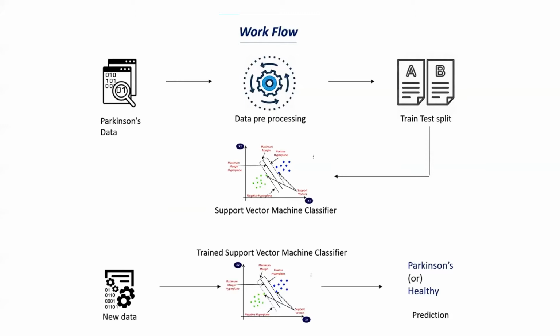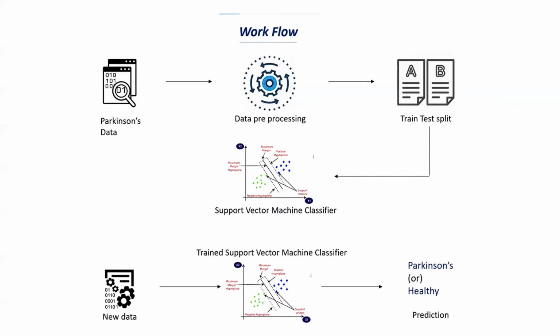Once we train this SVM model with the training data, we will evaluate this model using the test data. Once you evaluate your model, we will have a trained SVM model. So when you give new data, this model can detect whether a person has Parkinson's or not.